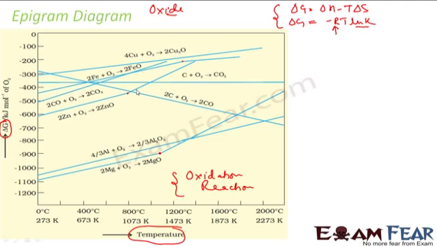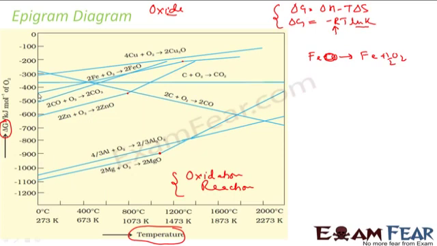So the last example which we have seen, iron plus oxygen gives FeO; actually FeO breaks into iron and oxygen. So if you talk about the delta G for this reaction, in this reaction iron and oxygen combine to form iron oxide.